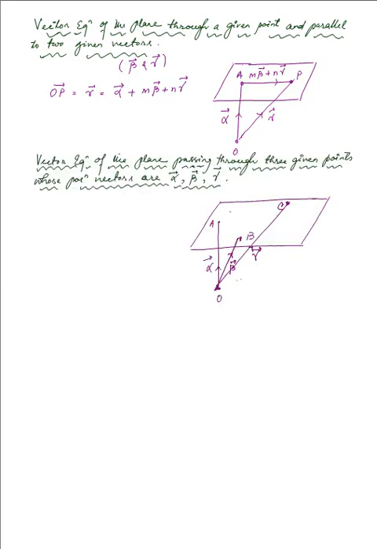Now in the next case we have to obtain a vector equation of the plane passing through three given points whose position vectors are alpha, beta and gamma. Now we could have proceeded in the familiar way that we know for points and obtained the vectors, but the problem will be for three given points.